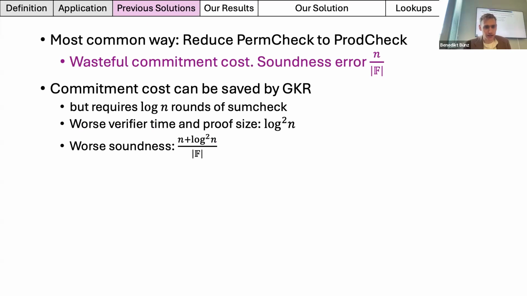This gets rid of this additional commitment cost. The downside is that I have to do log n rounds of sum check, which increases the verifier time, the proof size and the prover latency to log squared n. And it still has the same soundness issue.